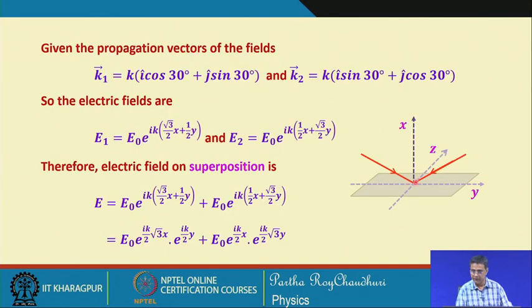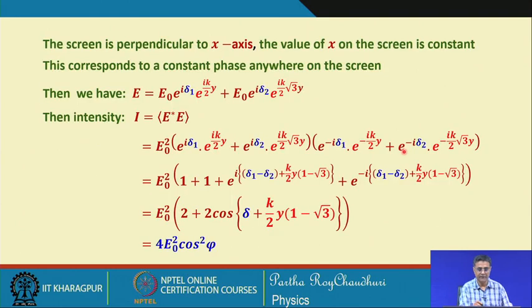If it is the origin, then it is 0, but otherwise if it is x equal to a, x equal to b, some constant, this constant will be throughout the screen. So, we take the value of x as constant, which will add a phase, and in the case of the origin, x equal to 0, this delta 1 and delta 2 will also become 0.